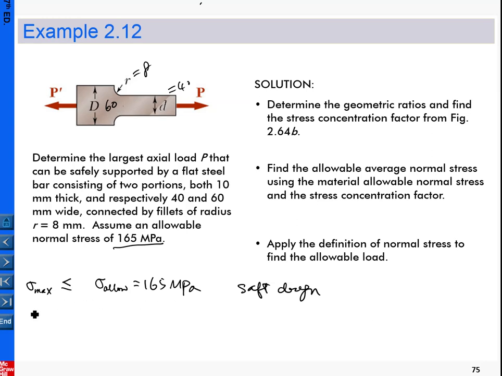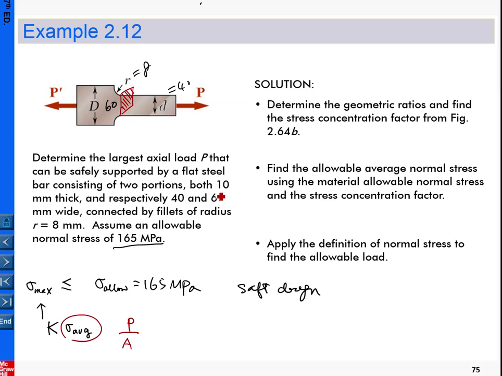So in this case, how much is the maximum stress? We can calculate it as K times the average. The average is simply P divided by A, the smallest cross section here. So what is A?